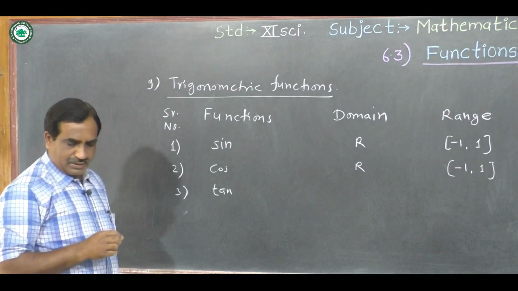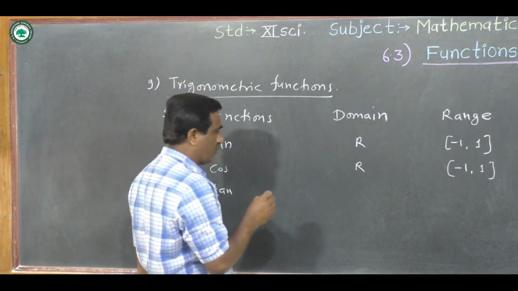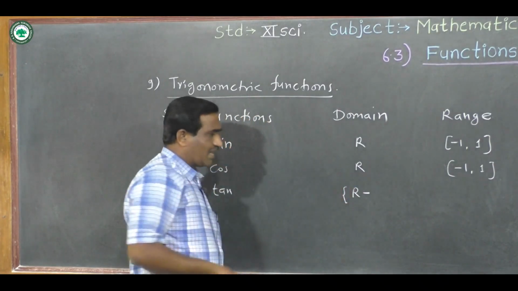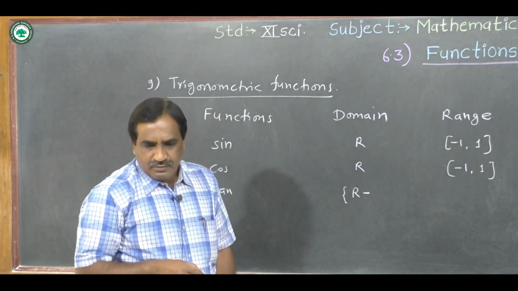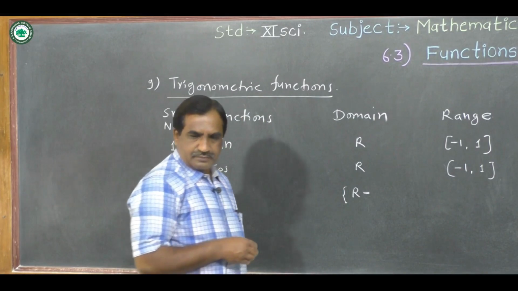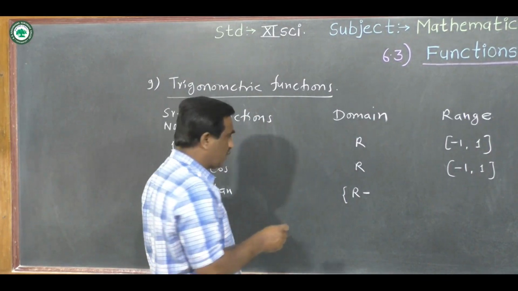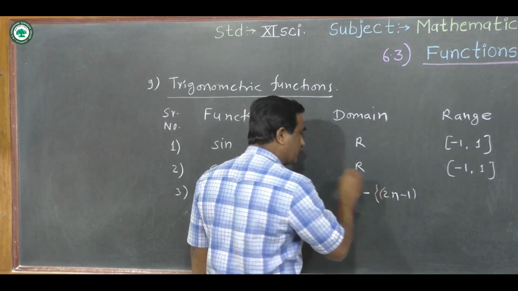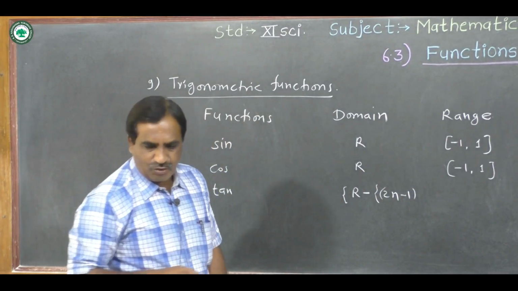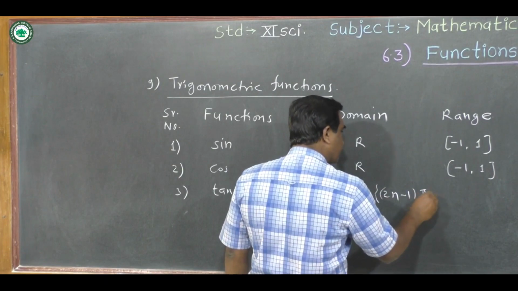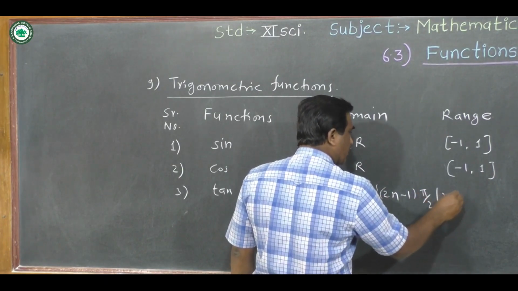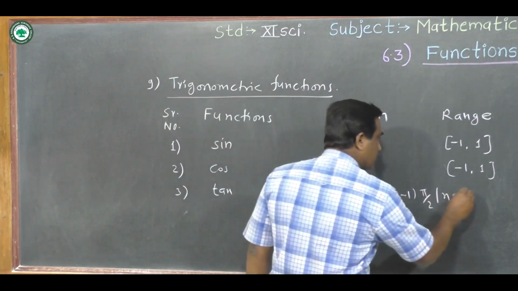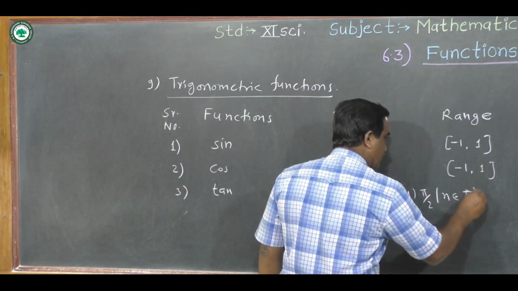tangent, means tan. The domain for this function is R minus, in curly bracket, (2n minus 1) into pi by 2, such that n belongs to Z, the set of integer numbers.